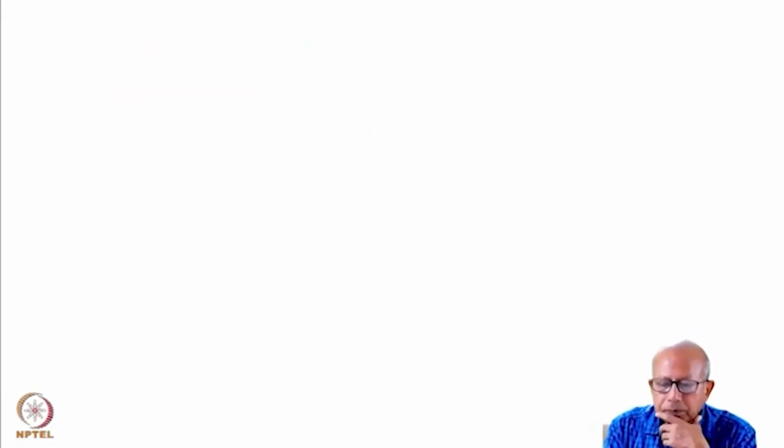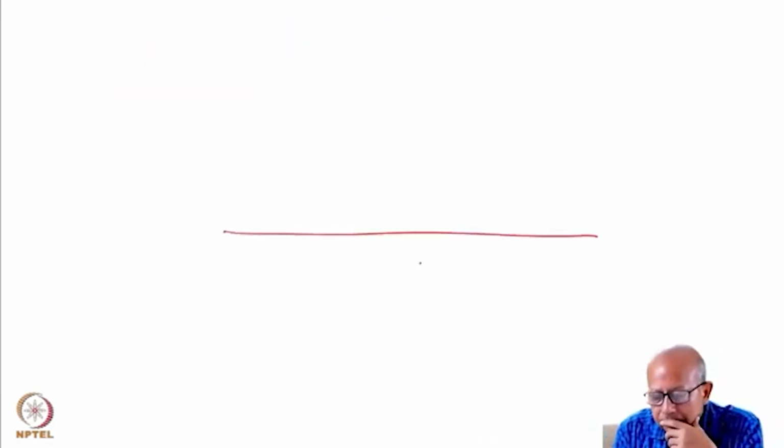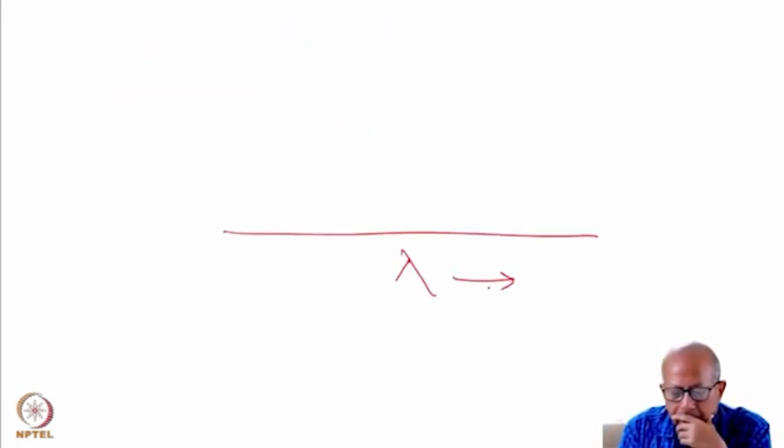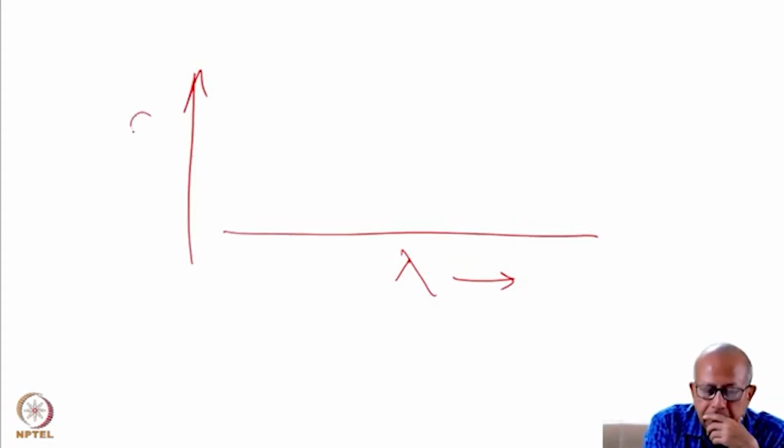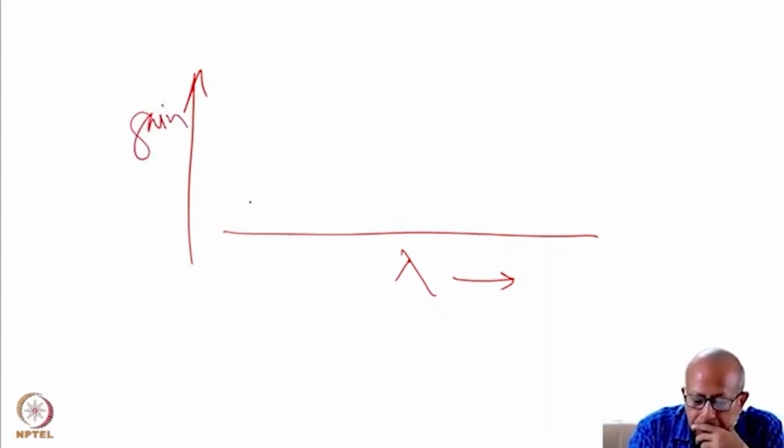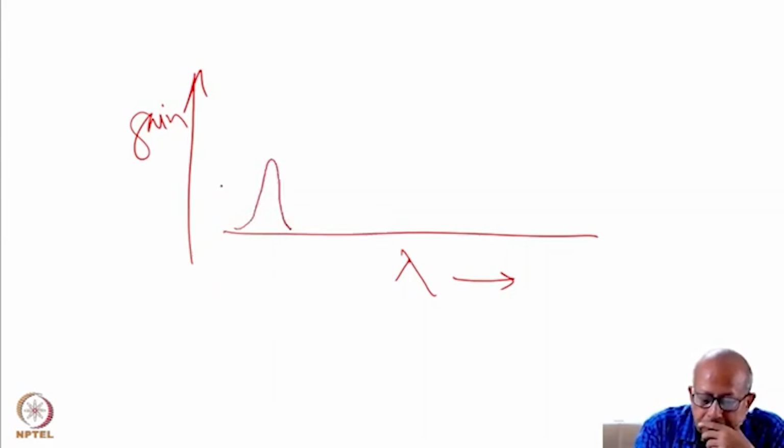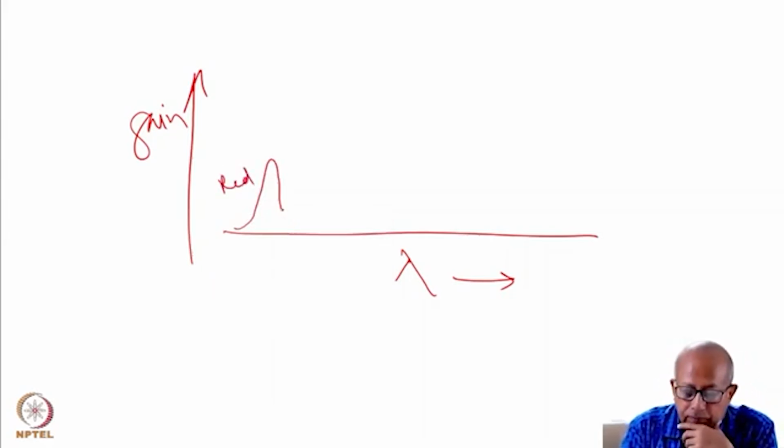You see, suppose this is my wavelength axis and this is the gain. First the visible transition, let us consider the red light, which of course has the least gain.